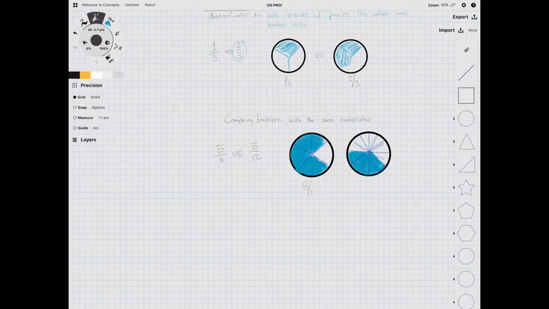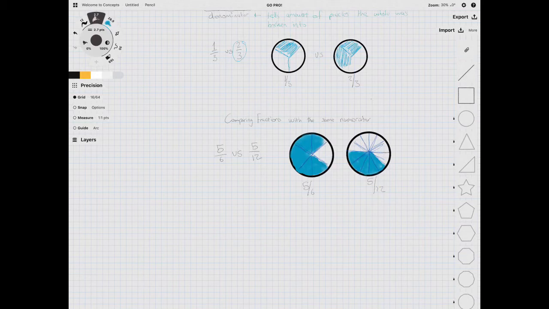This is 5/6, and this is 5/12. Well, which one was cut into smaller pieces? Obviously the 12ths are smaller because it's been cut up into many more of them. It's been divided into 12 equally sized pieces. The 5/6 has been divided into 6 equally sized pieces. If we take 5/6, that's almost the whole amount.